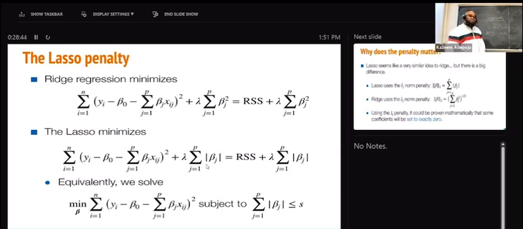They are also the same. The absolute value of this is 3, and the absolute value of that is also 3. This is the lasso way. This is the ridge way. Don't forget, in the ridge you have this squared term; in the lasso it is the absolute value. Any question?